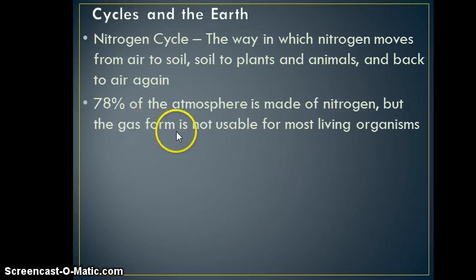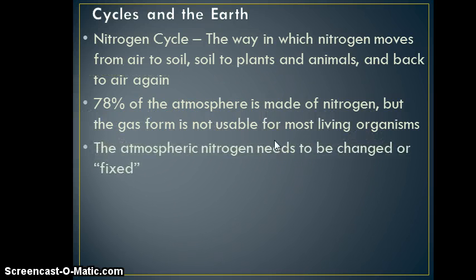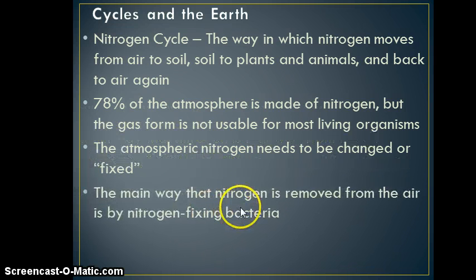The gas form is not usable for most living organisms, so we have to look at how we can change that nitrogen, and the way we're going to do that is through bacteria. This atmospheric nitrogen needs to be fixed. The nitrogen fixing bacteria is going to change the gas nitrogen into a solid form of nitrogen that's usable to living organisms.